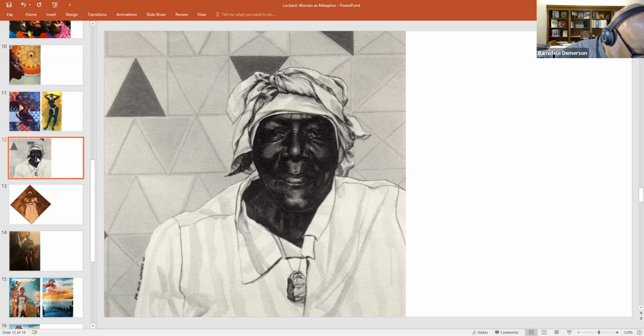But in this painting, we see a plainly dressed woman. She has a head tie, and she displays a pouch suspended from a cord tied around her neck.